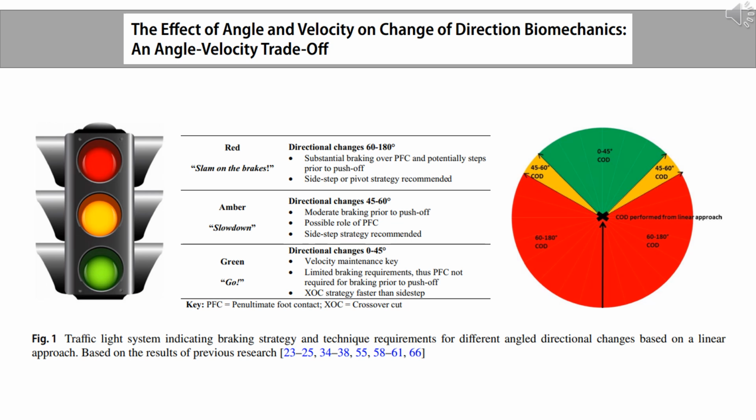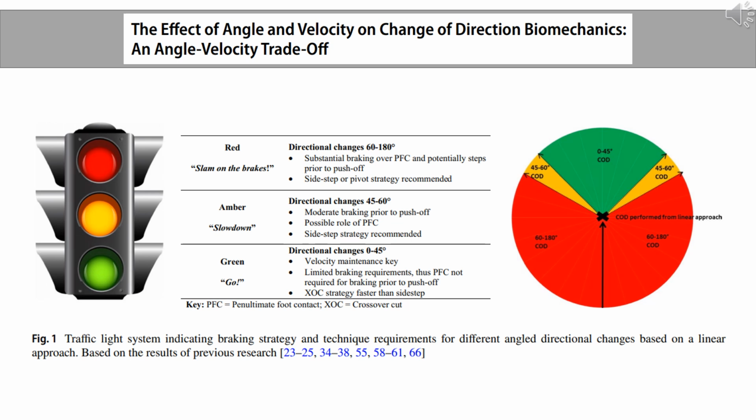And as the title very aptly names, there is an angle velocity trade-off. And I think this figure provides a really nice, clear summary of a traffic light system that practitioners can consider employing during training sessions for different change of direction tasks relative to a desired outcome being achieved.